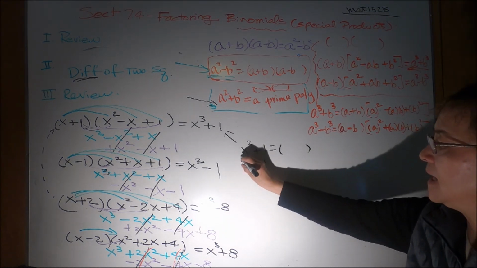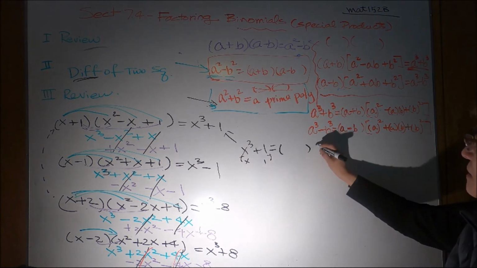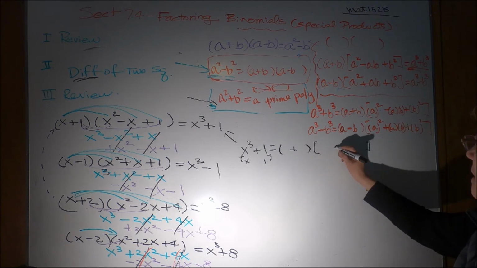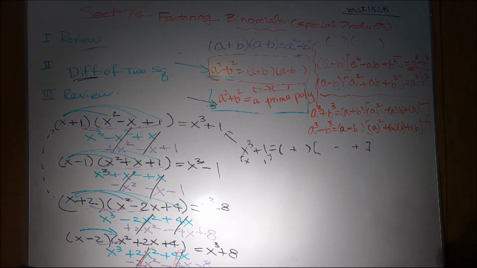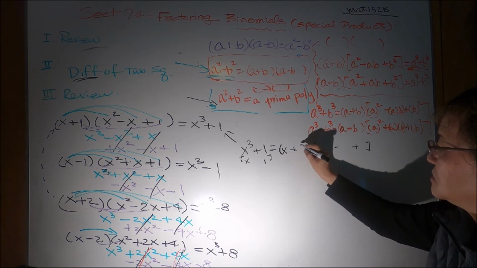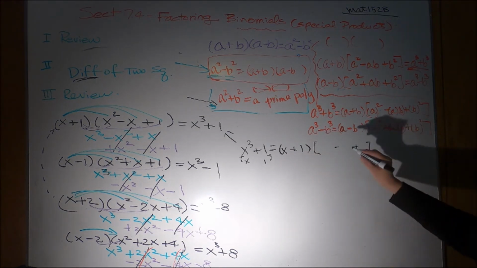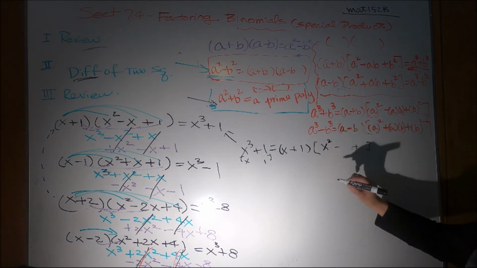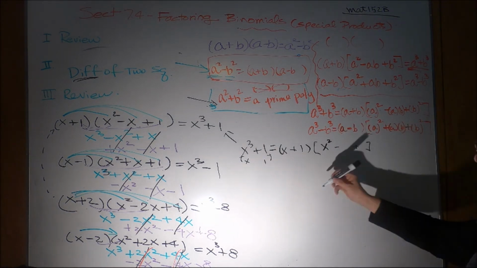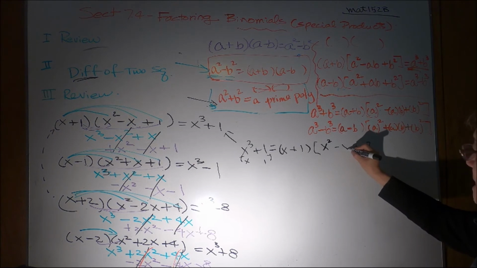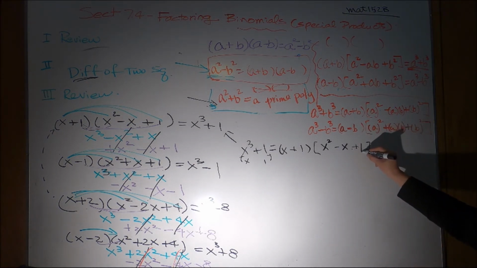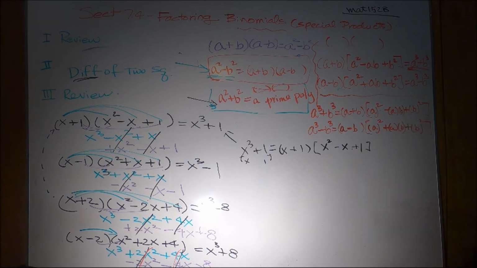That's your A, that's your B, right? So you will be plus here, minus here, plus always the last one. Then you put these two terms together. The back one will be what? First term squared. Second term will be 1 times A times B, so it's x. 1x is x. Then last one will be 1 squared, which is 1. Right?